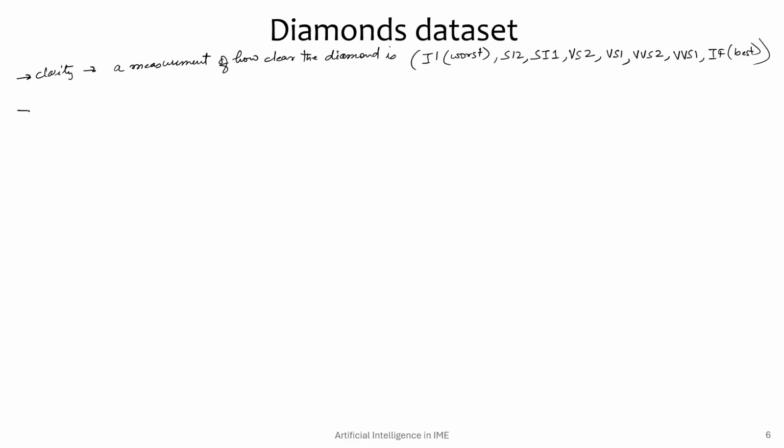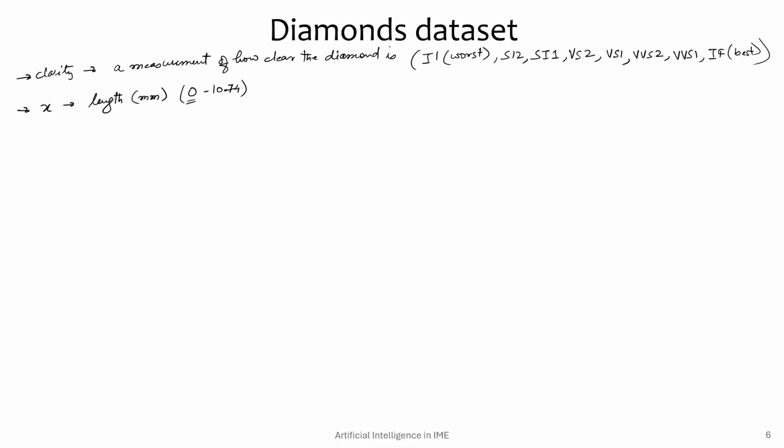Now other features that are available in this data set is X, which is the length. This is given in mm and it ranges from 0 to 10.74. Now 0 length diamond will not cost anything. So if there are some 0 values in the data set, it might be possible that they don't have any values for that, so they pre-filled it with 0.